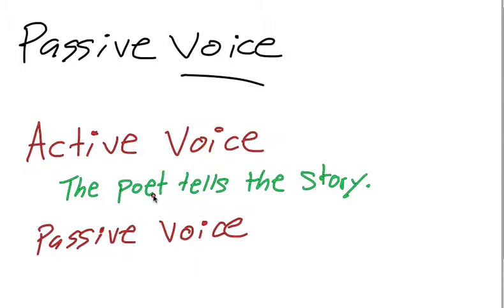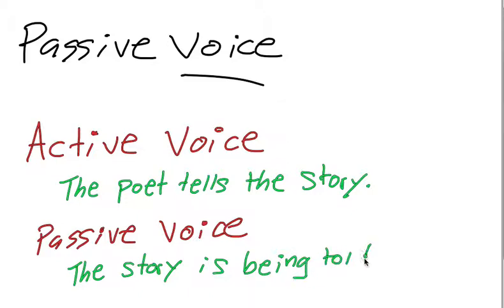So if I took the active sentence, the poet tells the story, and I were to make that passive, the passive version of this sentence is the story is being told by the poet.